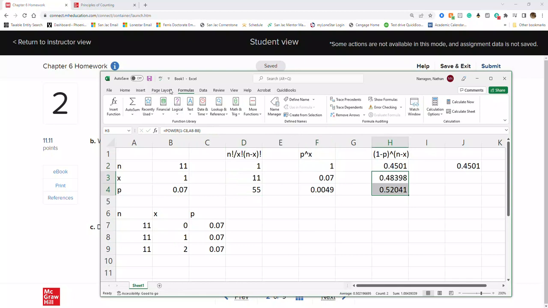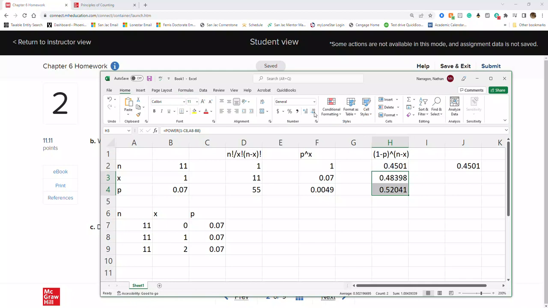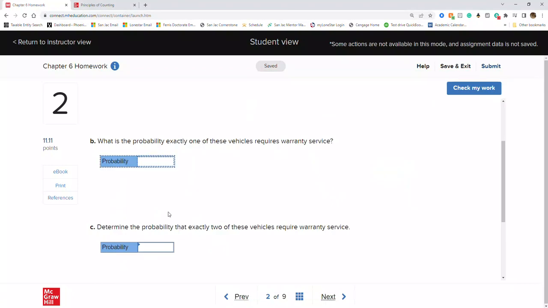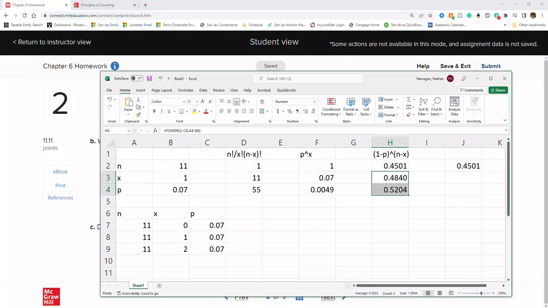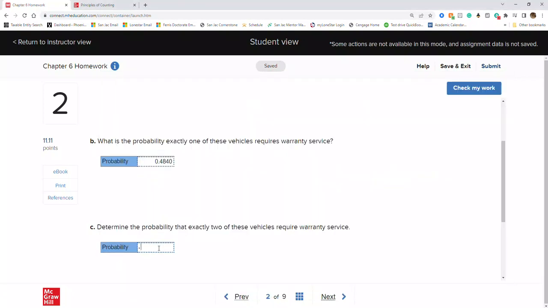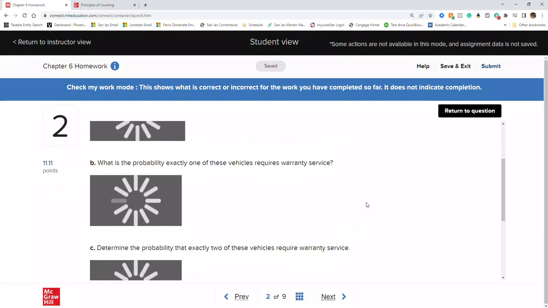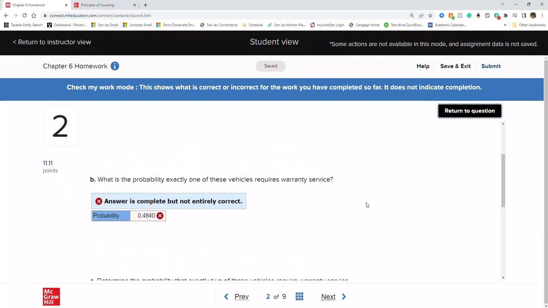Since we're only going to 4 decimal places, let's reduce those, so now it rounds for us. I have 0.4840, and then for C, since that was 2, it's 0.5204. Then we're going to check just to make sure.